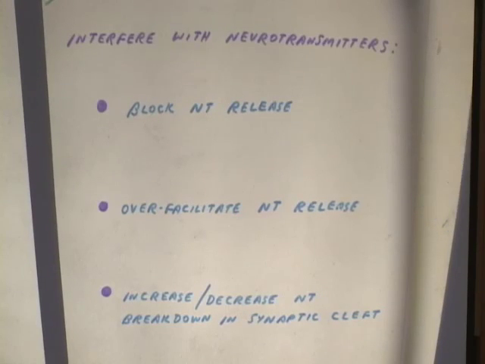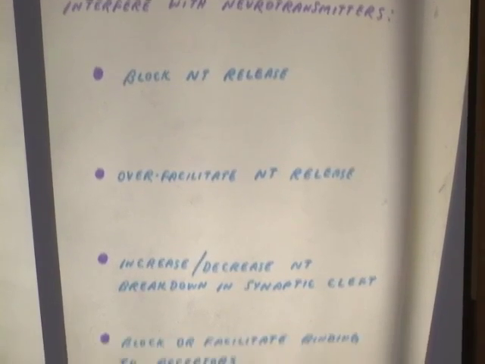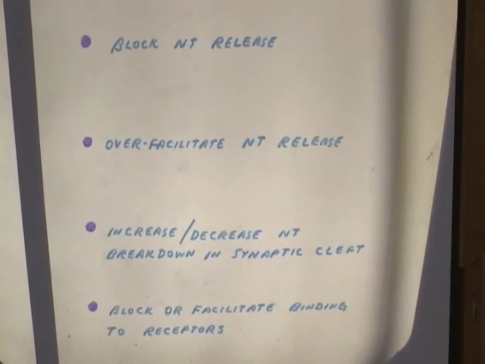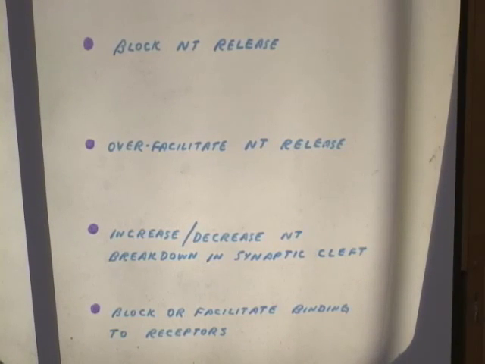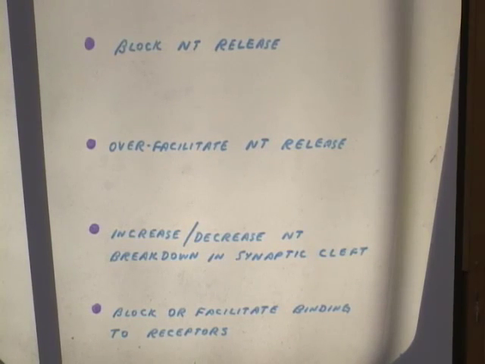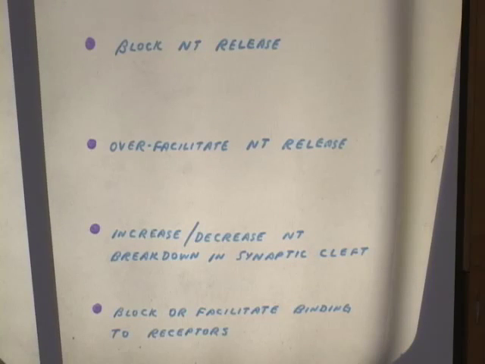What else could you do? You could block or facilitate binding to the receptors on the other side. These are not the only ways, but you see what I mean? Because all the parts of the brain in all the different species of animals in the world work in the same way, you can come up with generalized ways of making drugs just by messing with what goes on in the synapse.